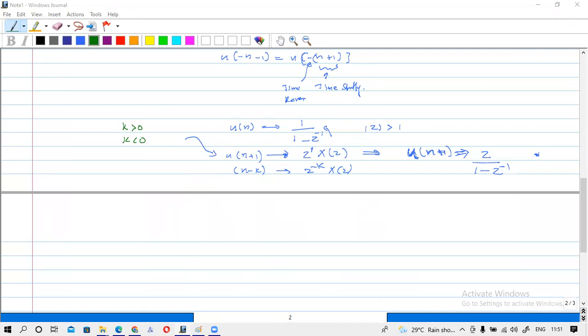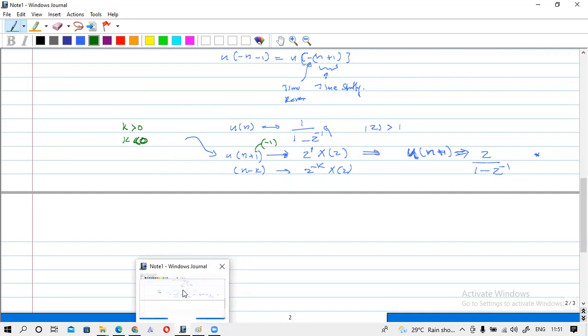Yes, because k is minus 1. K is equal to minus 1, so k is less than 0. So k less than 0 means you will not have the infinity, no?